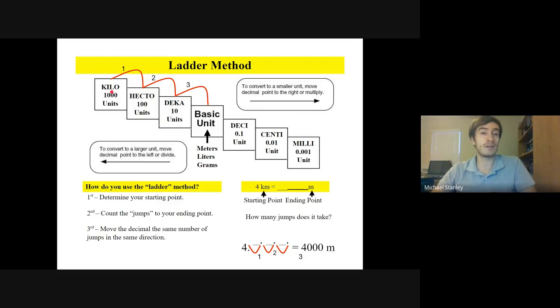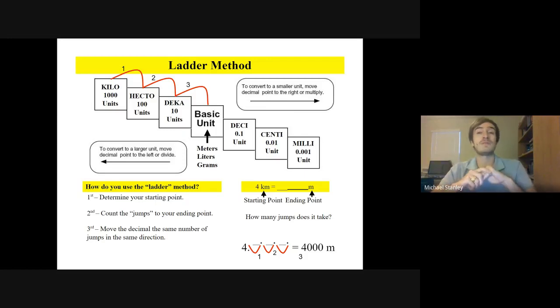So if we start at kilometers and we want to go to meters, there are 2 different things that we have to keep track of when we're doing this conversion. The first is how many steps we have to go through to go from one unit to the other. The second is what direction we are going.